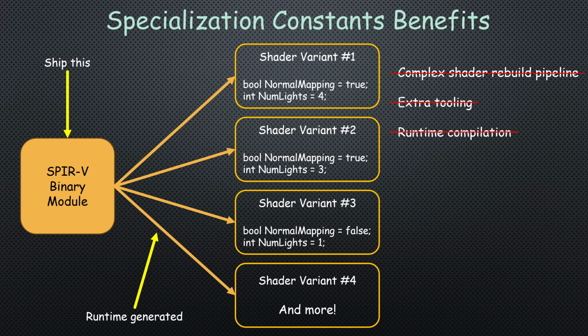Specialization constants allow you to enable or disable shader features such as normal or shadow mapping, or tailor the number of light sources for each specific scene. These are just a couple of examples, and with your imagination, I'm sure you'll come up with many more. So without further ado, let's see how to actually use the specialization constants.